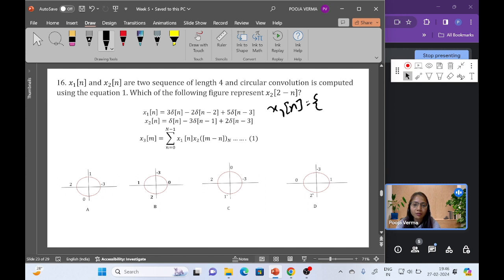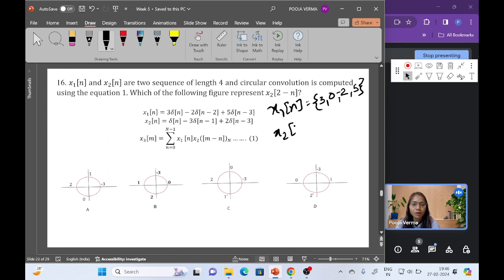So 3 delta of n. So at n is equal to 0, the value is 3. Here there is nothing at n is equal to 1, so it will be 0 only. At n is equal to 2, the value is -2. And at n is equal to 3, the value is -5. So this is the sequence of x1 of n.